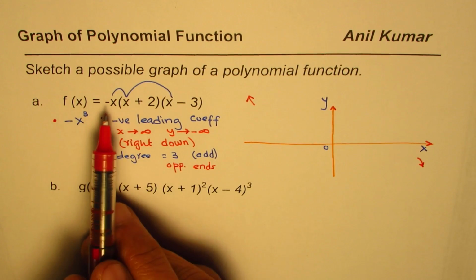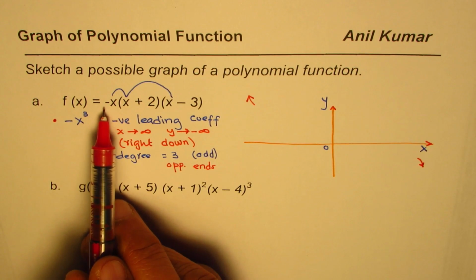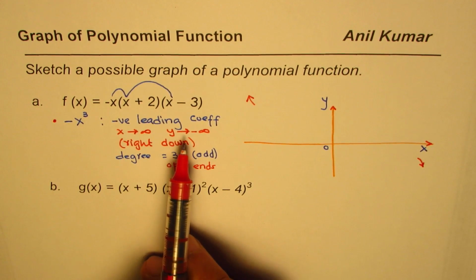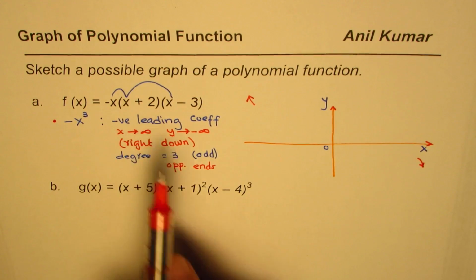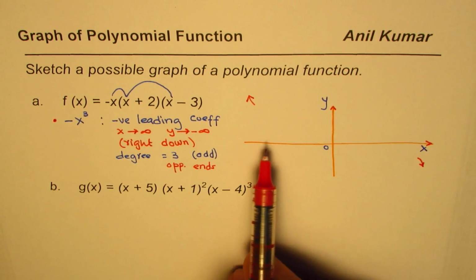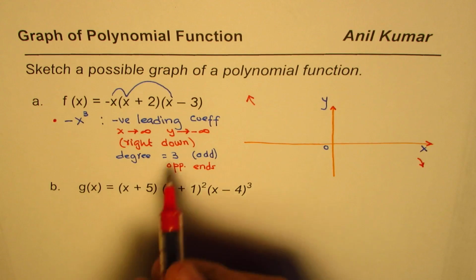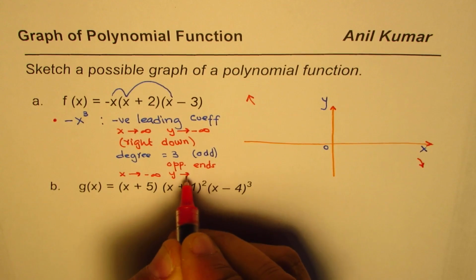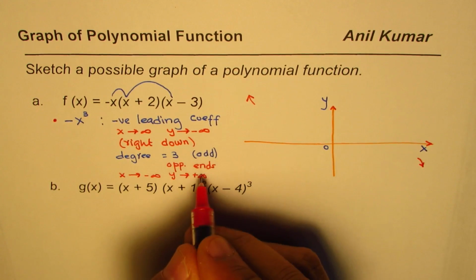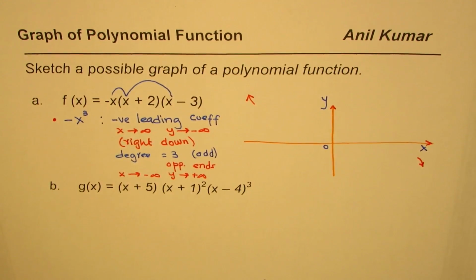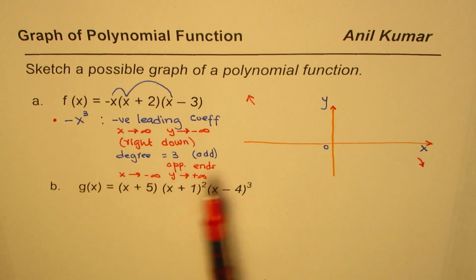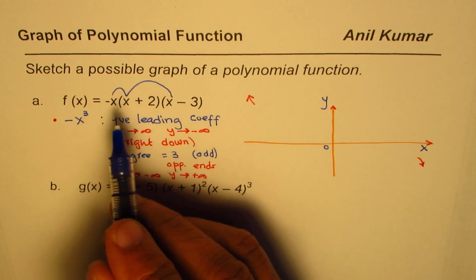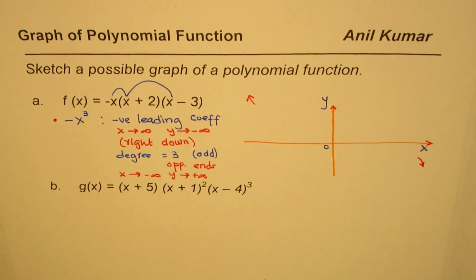So from the leading coefficient, we get the end behavior, and from the degree, we get what happens when x approaches the other end. Opposite end really means when x approaches negative infinity, y approaches positive infinity. Negative, positive. This is what I'm trying to say. So we know the end behavior from this particular term, when we multiply these, we get minus x cubed.